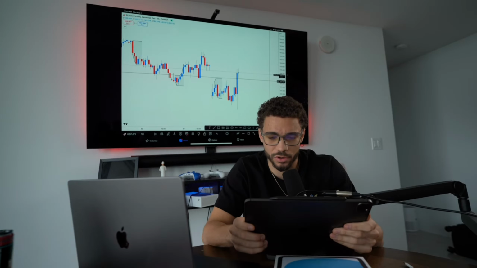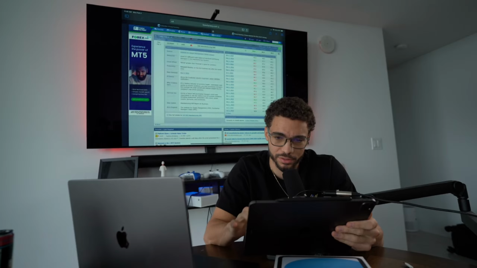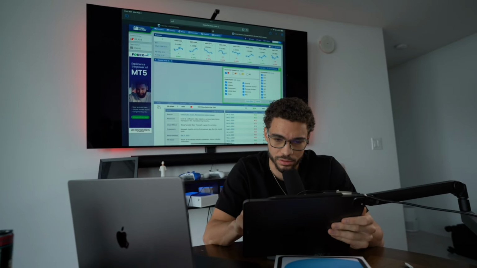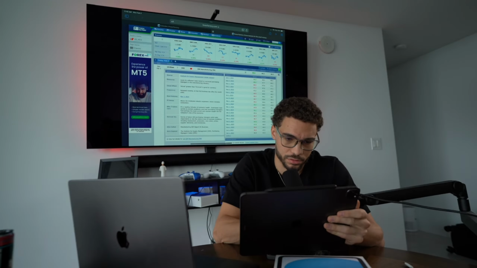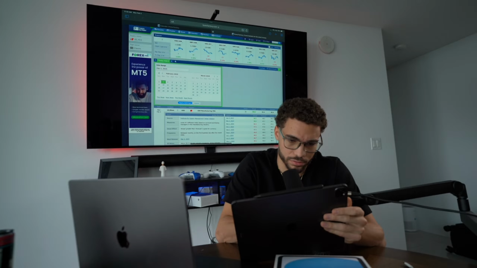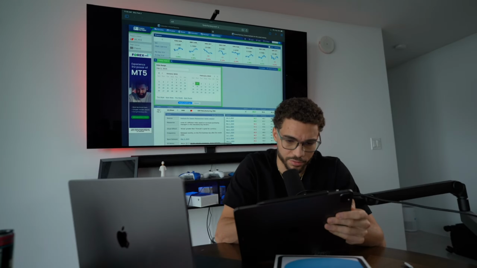If I'm not wrong, they just cut rates for the British pound as well. If I'm not wrong, it was last Thursday. Cut from 4.75 to 4.5. I've got to read their monetary policy statement.